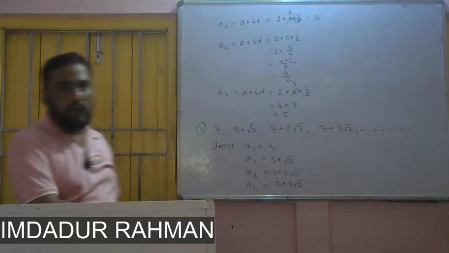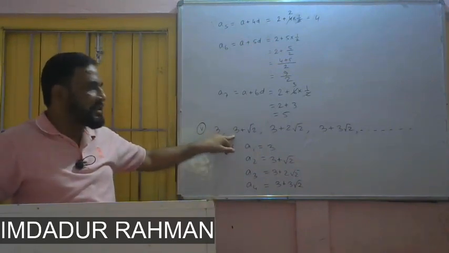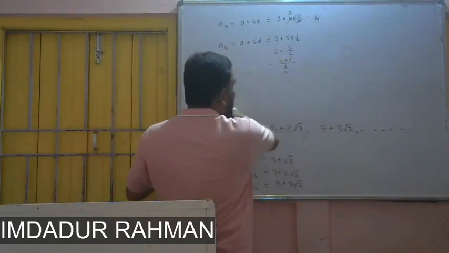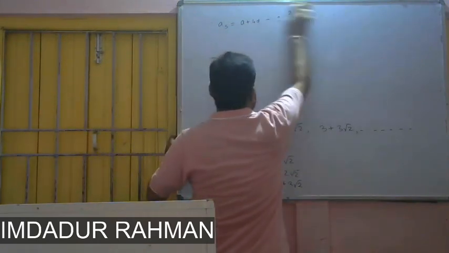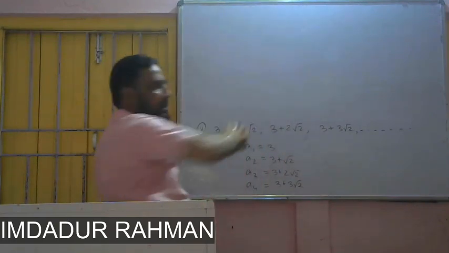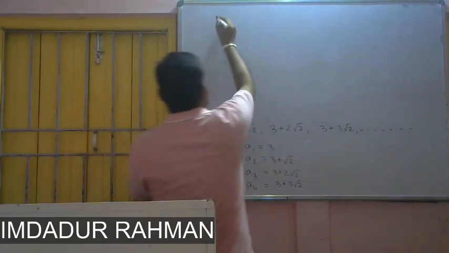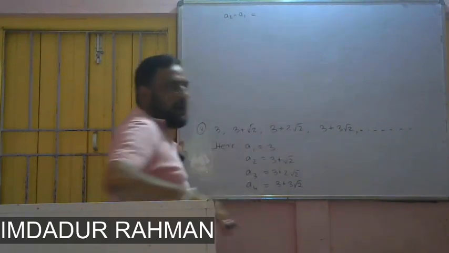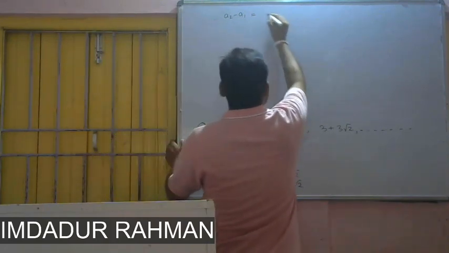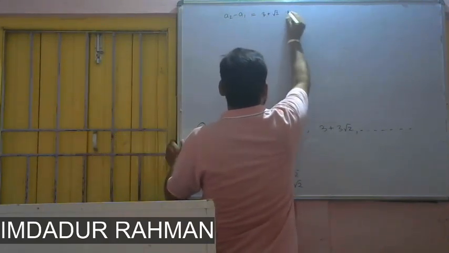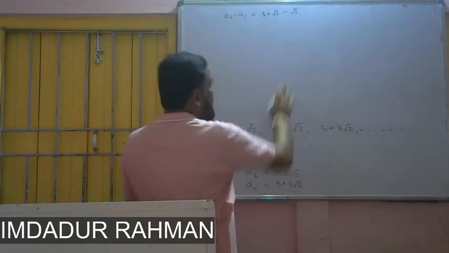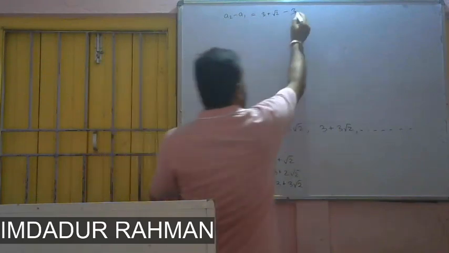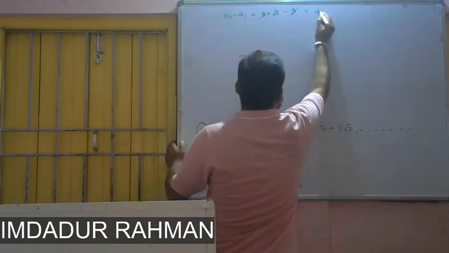Okay? Now we will examine whether the given series is an AP or not. To examine, like earlier, we will subtract one after another. So A2 minus A1 is equal to how much? 3 plus root 2 minus 3. So what is it becoming? The answer is root 2.